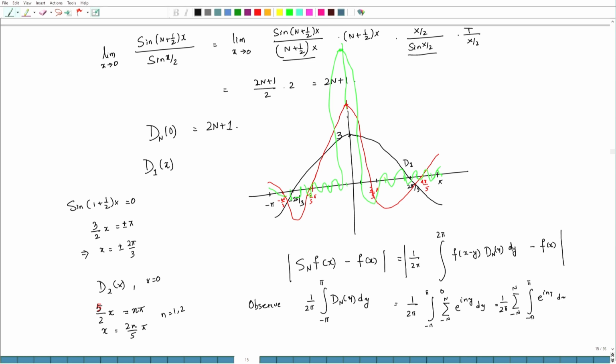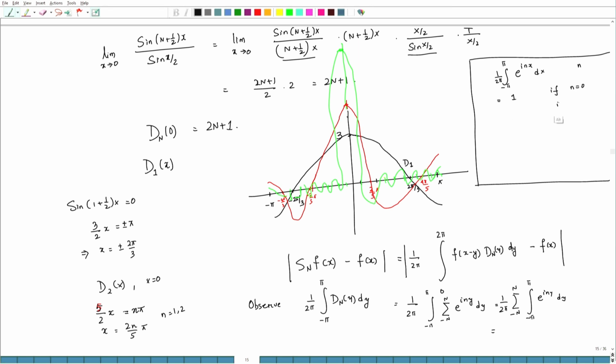Now, the fundamental observation for this course is that the integral from minus pi to pi of e to the power i n x dx is equal to 1 if n is equal to 0.